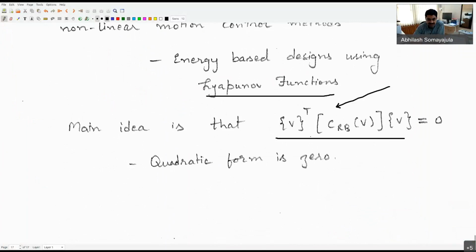Whereas that is not the case when this is not a skew-symmetric matrix, I can't make this claim anymore. And this claim is particularly useful when we want to look at linear quadratic regulator or Lyapunov functions in order to do backstepping control. So at those places, this will be useful, and we would like to preserve it and use it to our advantage in nonlinear motion control. So just keep that in mind.